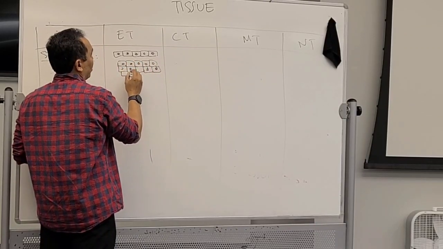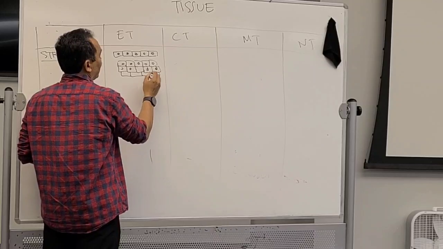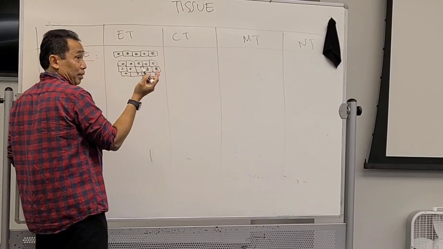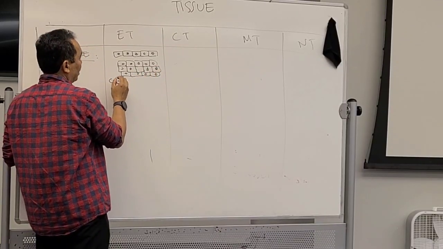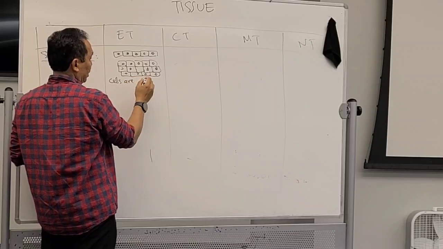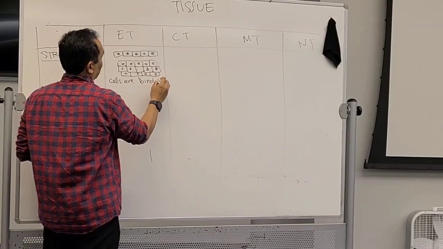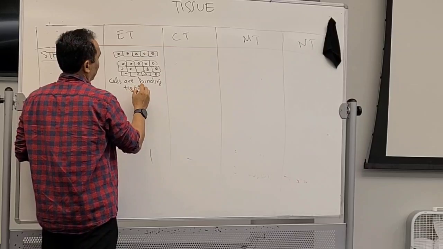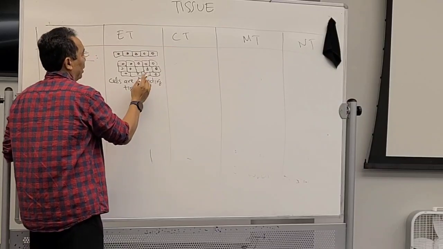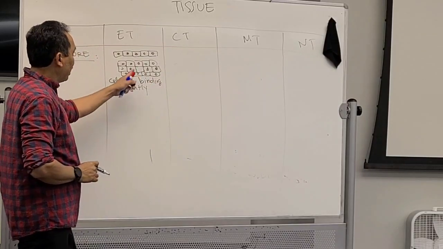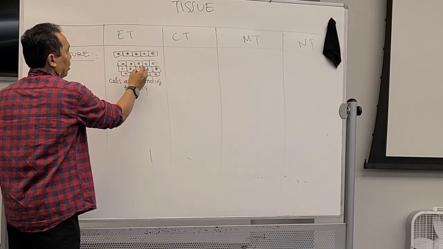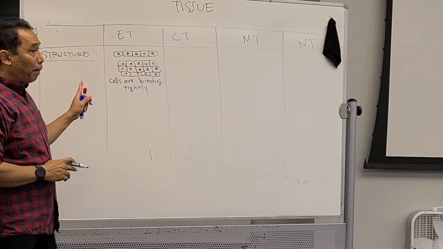It will consist of cells that bind tightly. So you're going to have connections between one cell and the other cell.